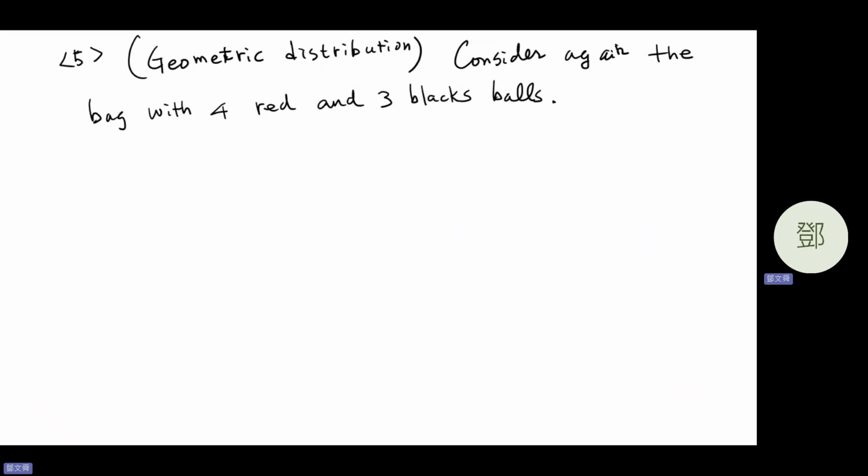Such a random variable is called a geometric random variable.